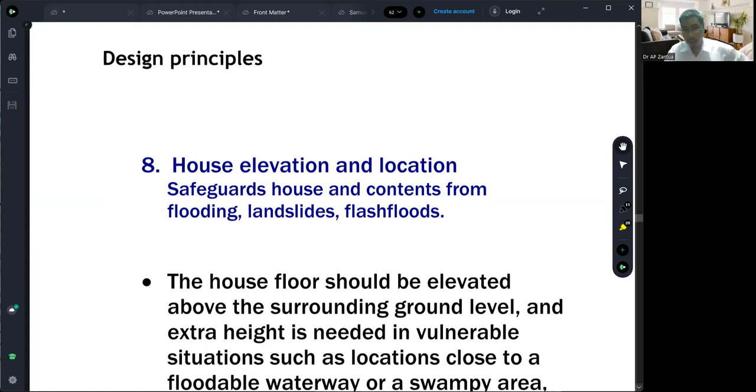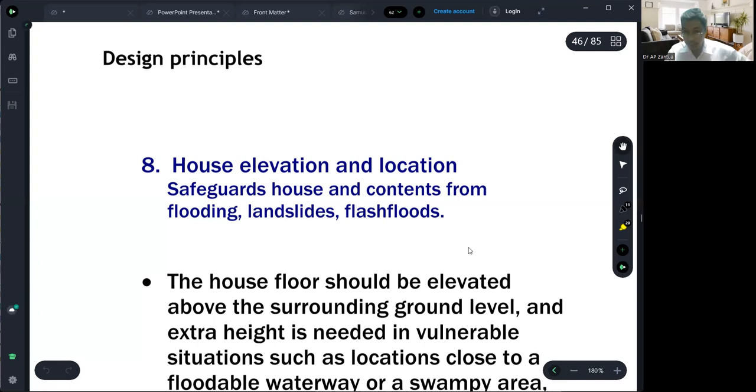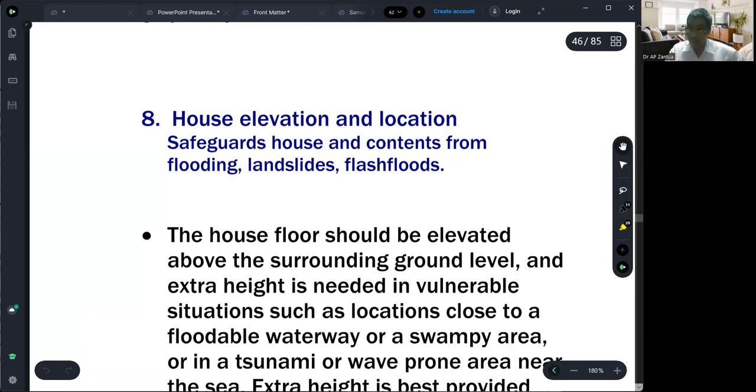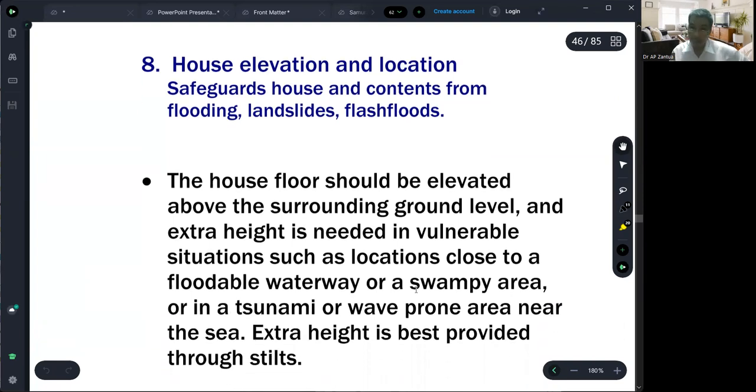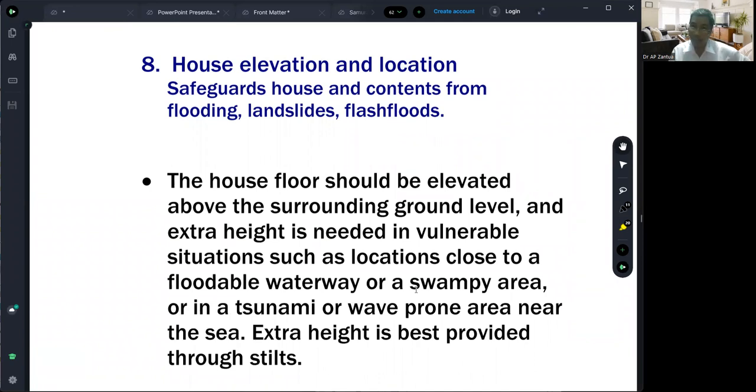Okay. Design principle number 8, house elevation and location safeguards house and contents from flooding, landslide, and flash floods. We usually experience flash floods, meaning there is flooding, but after 5 to 10 minutes, the flood water subsides. The house floor should be elevated above the surrounding.